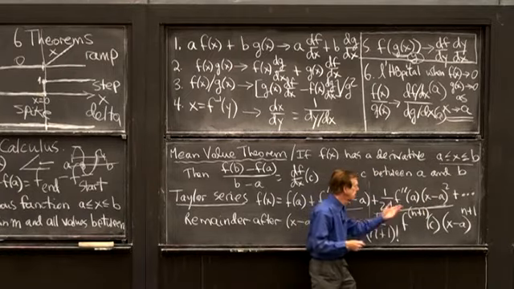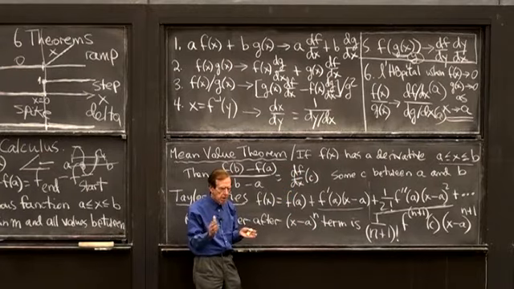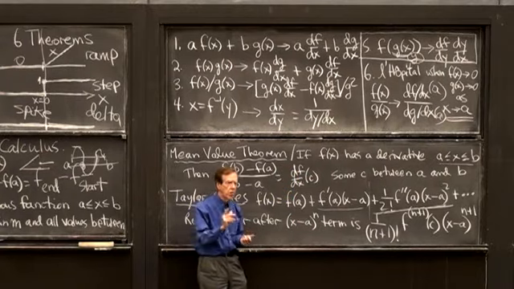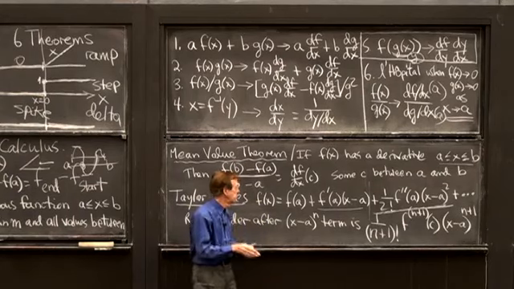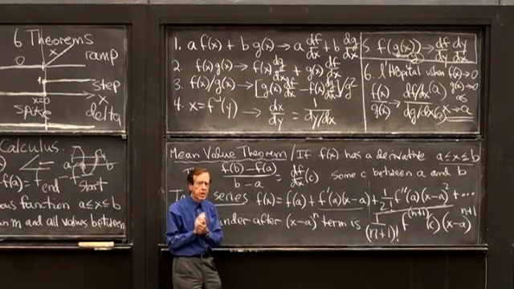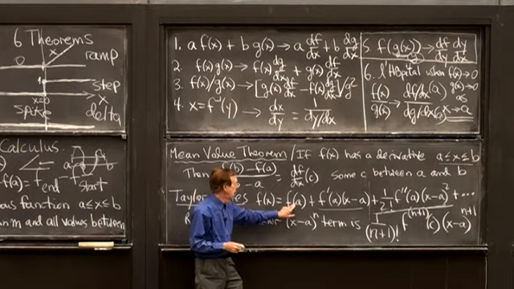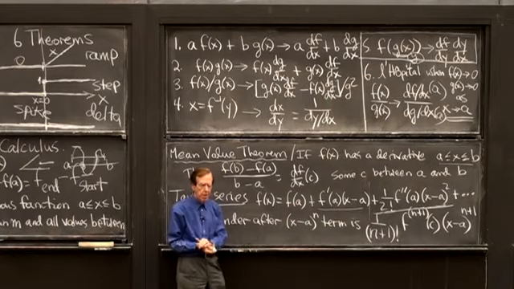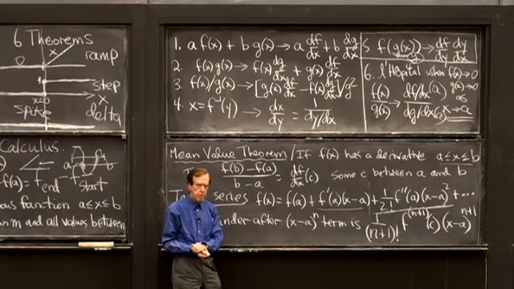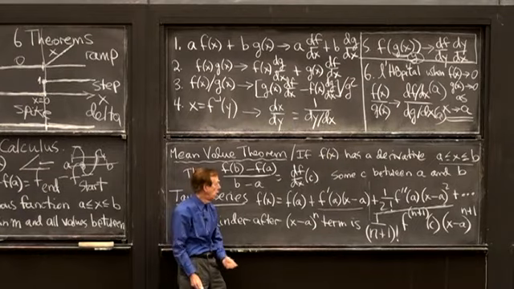You see that these terms are getting, typically, for a nice function, and we saw this for e to the x. We saw the Taylor series for e to the x. Can I remind you of the Taylor series for e to the x around the point 0? Because e to the x is the greatest function I've spoken about at all.